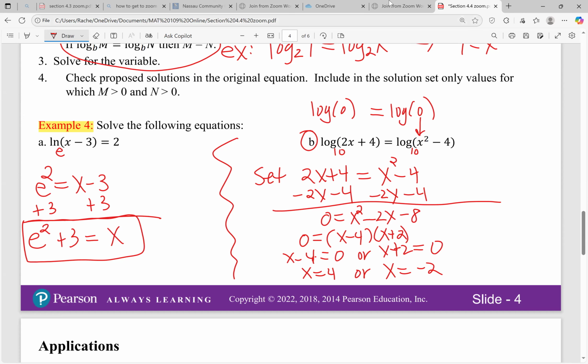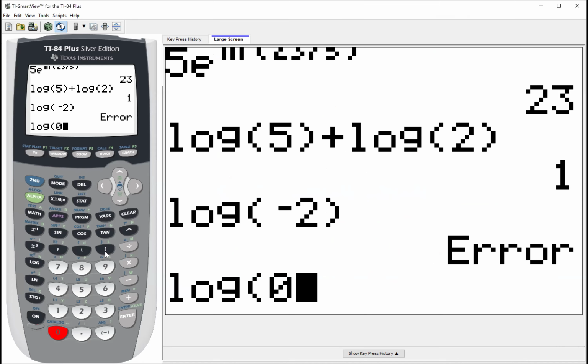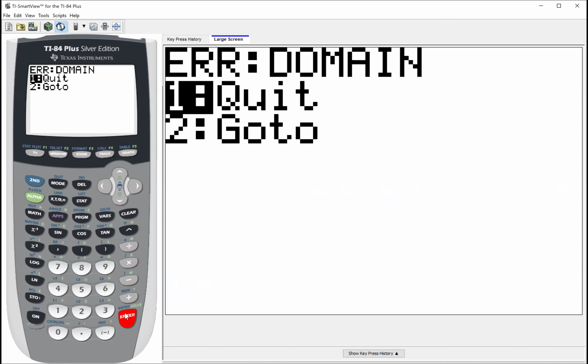So let's go to the calculator. And when we try to type in the log of 0, we're going to get an error message because remember, it goes back to the domain. Remember the domain of the log function. X has to be greater than 0. It can't be equal to 0.